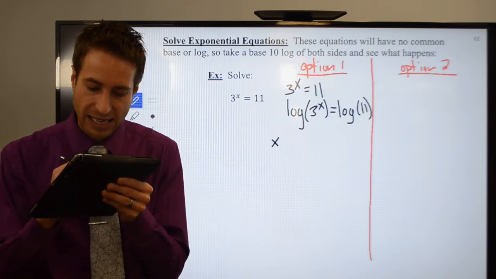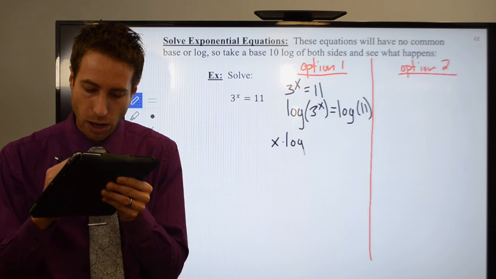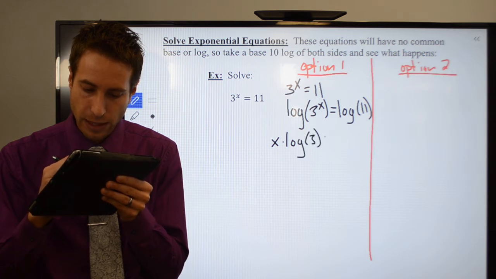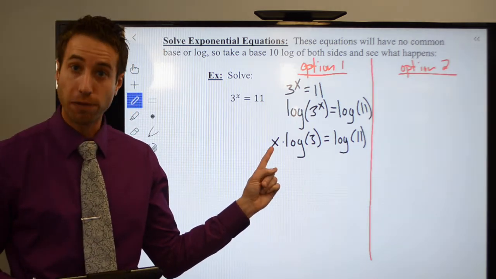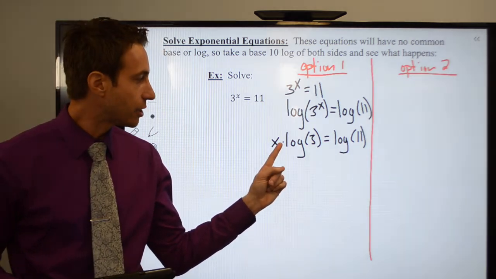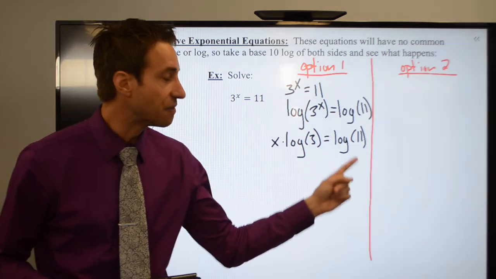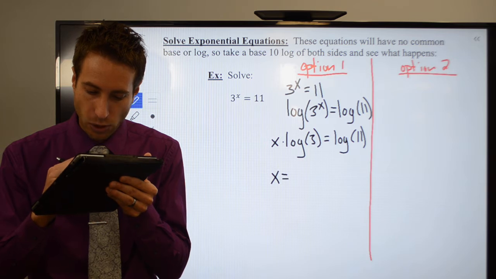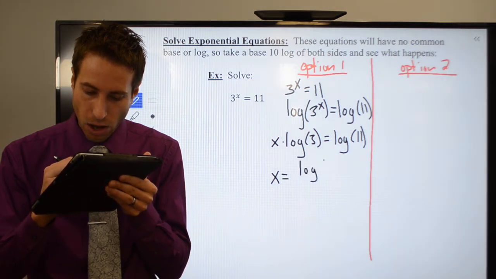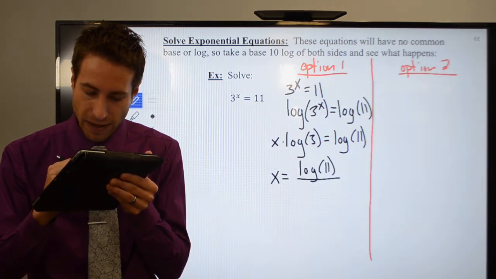I will now have x times the log of 3 equals the log of 11. And since I'm trying to solve for x, all I need to do, since I have multiplication, is divide the log of 3 to the other side. x is equal to the log of 11 divided by the log of 3.